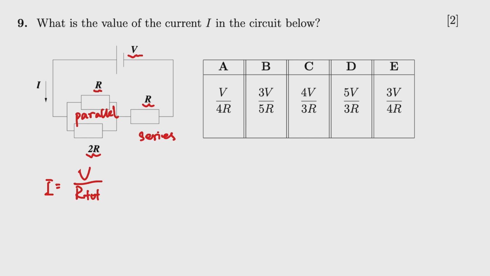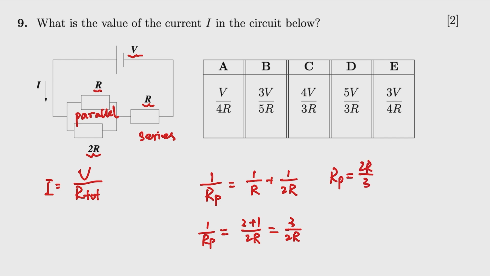We can calculate R parallel first. So 1 over R parallel equals 1 over R plus 1 over 2R. And by doing the calculation, we can see that R parallel equals 2R over 3. The total resistance can be calculated by Rp plus R, which is 2R over 3 plus R. That equals 5R over 3.